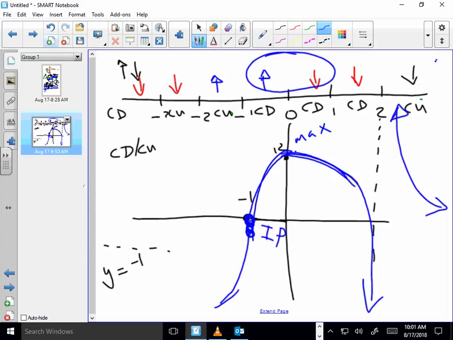Oh, look, decreasing and concave up. What did we say would be the case when I go from decreasing to increasing? A minimum. And then over here, I'm decreasing and concave down. And so I have another inflection point here at -3.